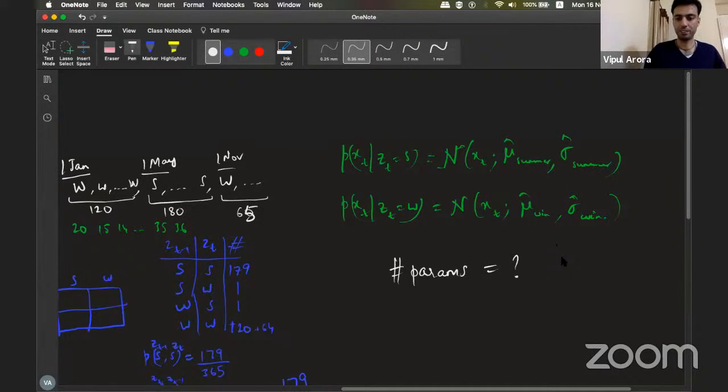Quickly, quickly, quickly. Okay, tell me how many parameters are there? Not hyperparameters, parameters. Nobody's answering. What's happening?